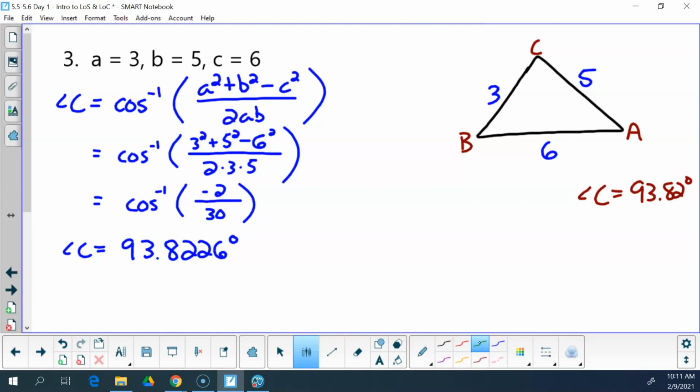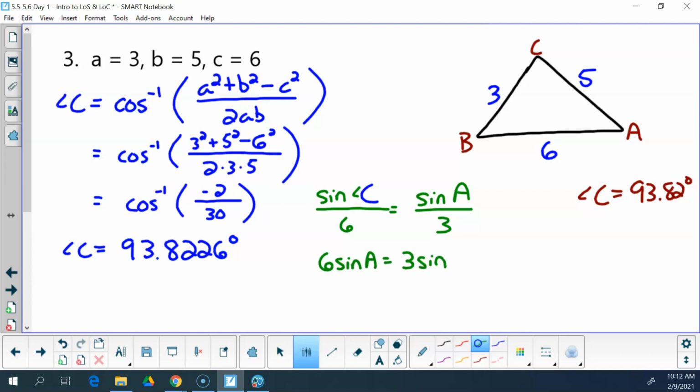So we would say that the sine of angle C divided by 6 is equal to the sine of angle A divided by 3. So 6 sine A equals 3 sine C.